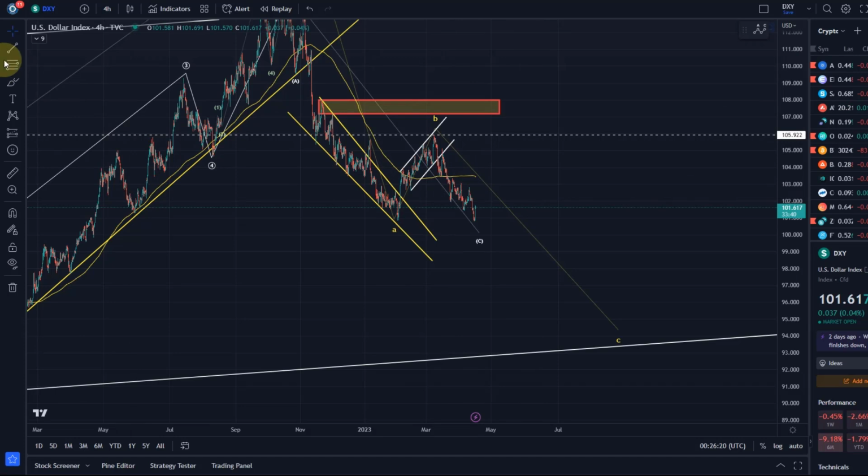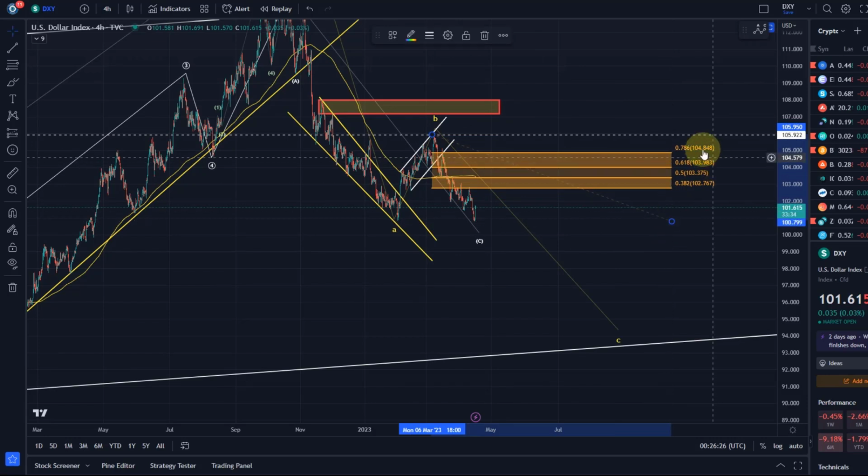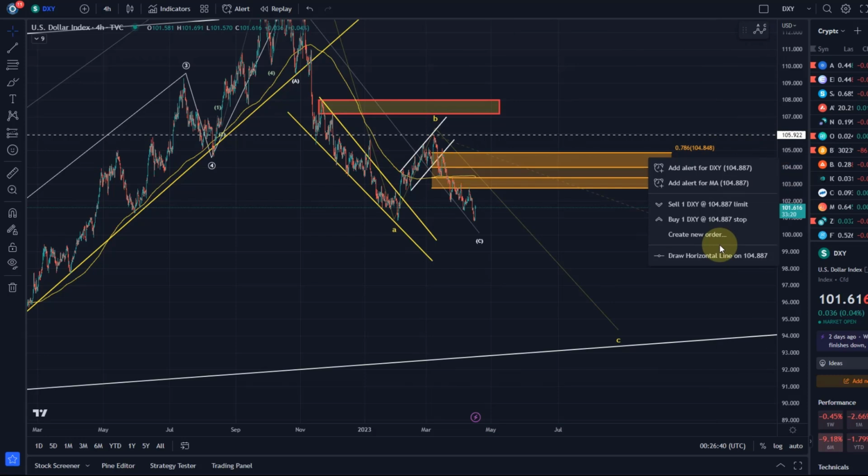If we move up higher than 104.84, which is the 78.6 retracement, I think already then this particular direct sell-off scenario will get less likely. So that's a key level, 104.84.